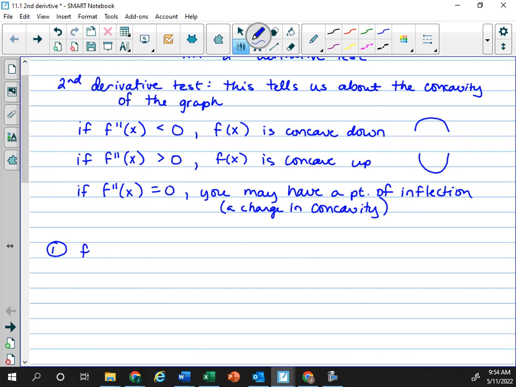All right, so I'm going to give you f of x is equal to 2x cubed minus 3x squared minus 12x plus 8. So that's your original function.